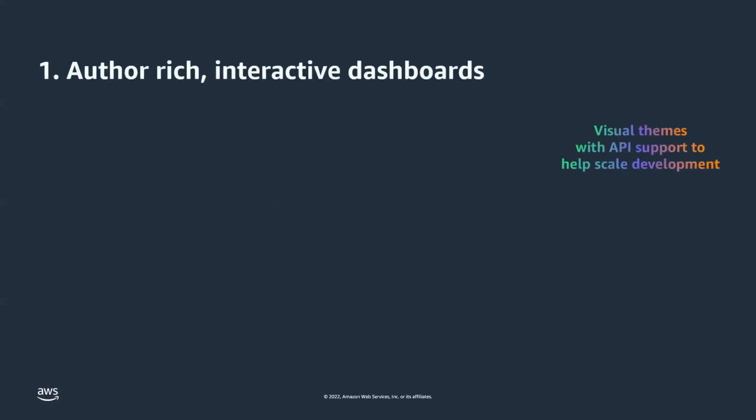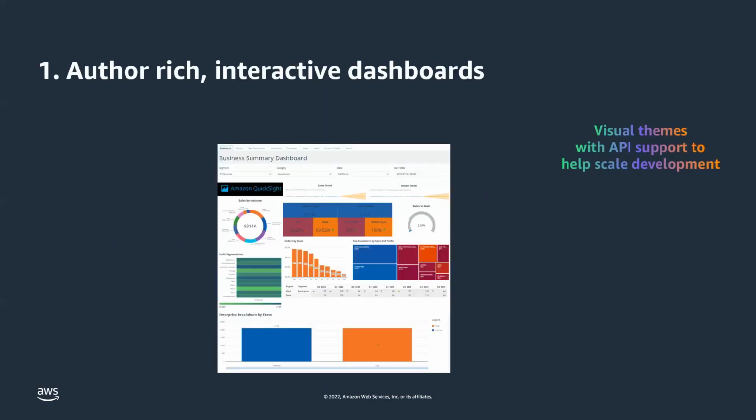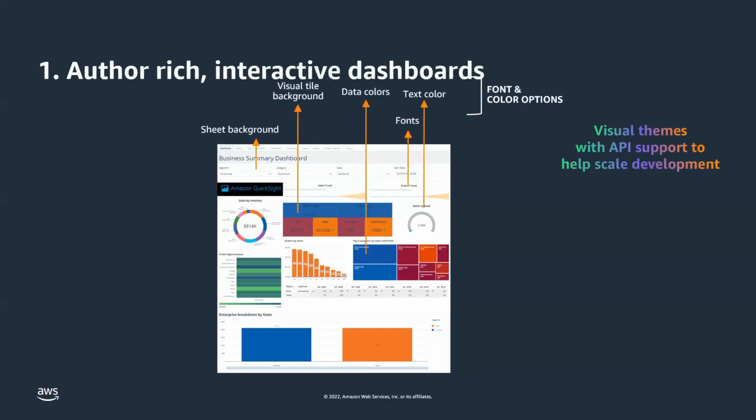Okay. So the first thing that is required, basically, when you author rich dashboards, you're able to work with visual themes with the API support, right? So these are the different options that you have at your disposal to make your look and feel as similar and as rich as possible, right? So you can change the sheet background.